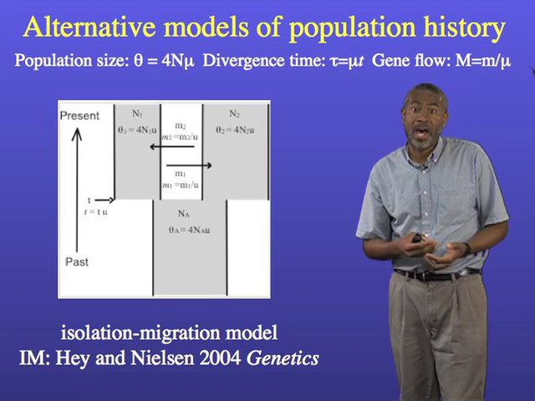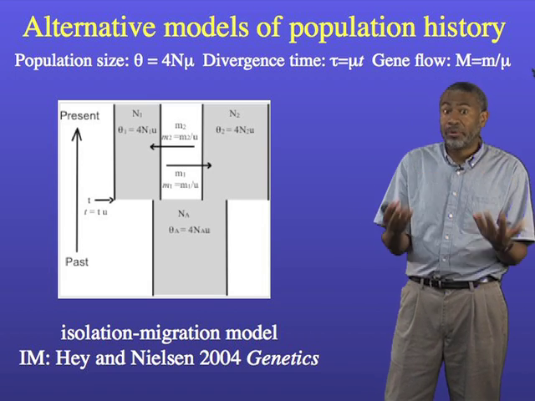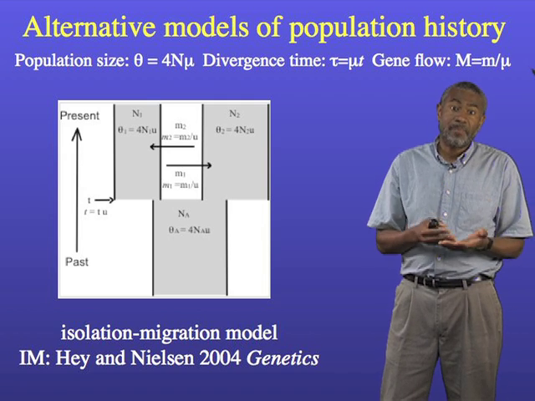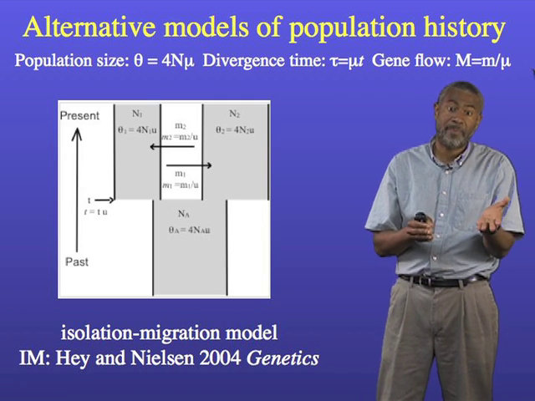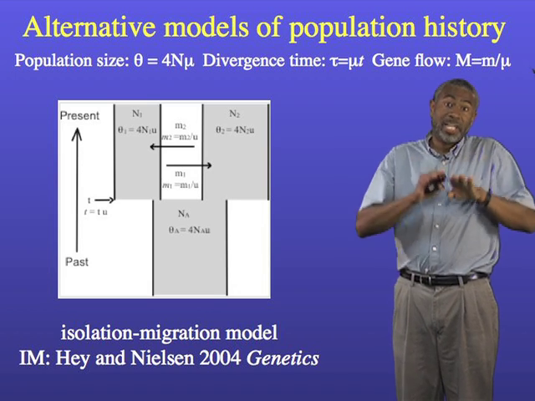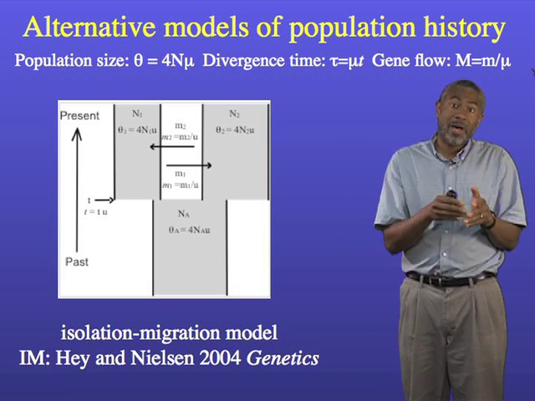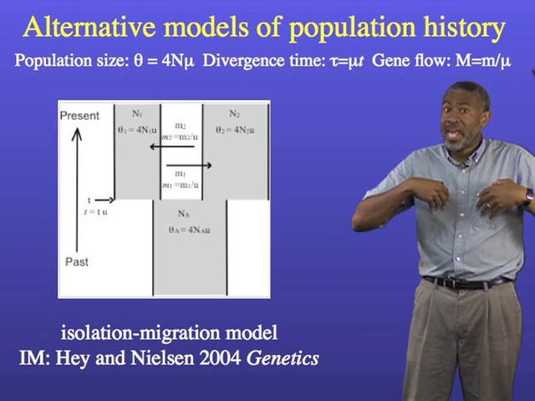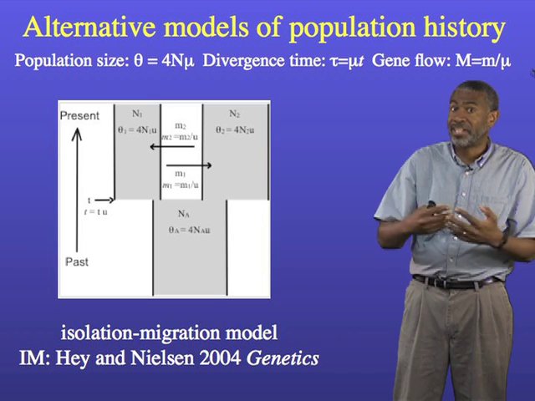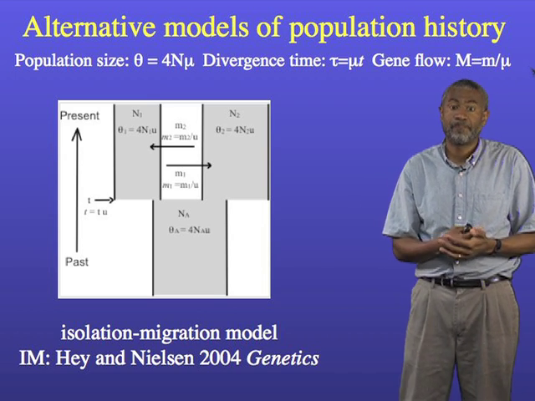Another population model which is commonly used is the so-called isolation migration model. In this model, we can imagine a single ancestral population, which you see at the bottom of the slide, splitting into two different populations. Each of these three populations, the one ancestral and the two descendant, has an effective population size, as we learned about in the first lecture.